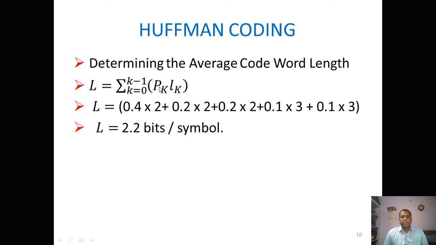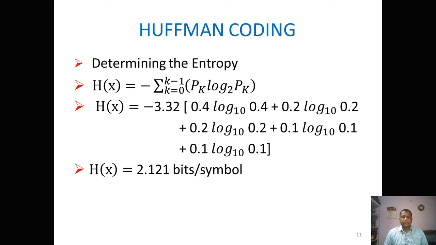P of k into L of k, where L of k is nothing but the length of the code word for each probability. In the next step, each probability value is multiplied with its code word length. We get the average code word length to be 2.2 bits per symbol.